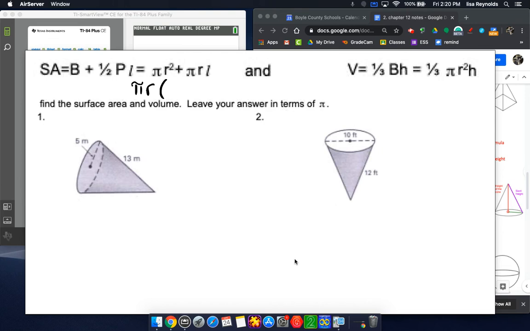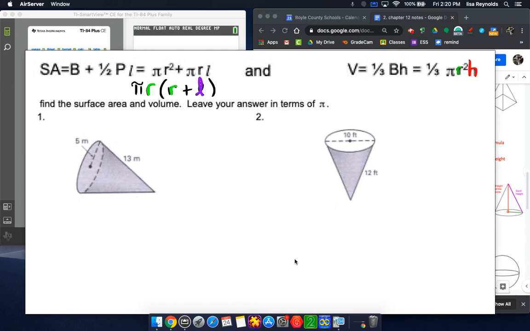And when we factor that out, we have the radius plus the slant height. So our surface area requires the radius and the slant height, and our volume requires the radius and the altitude.